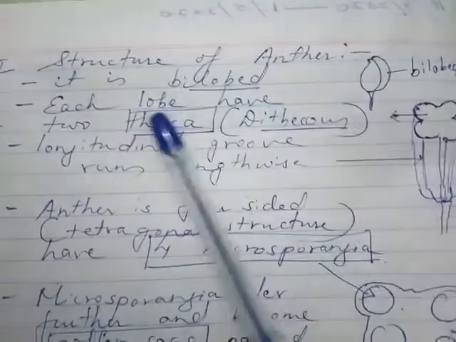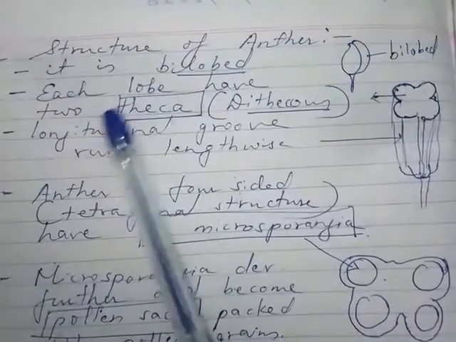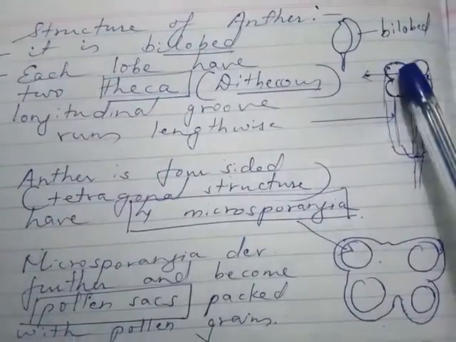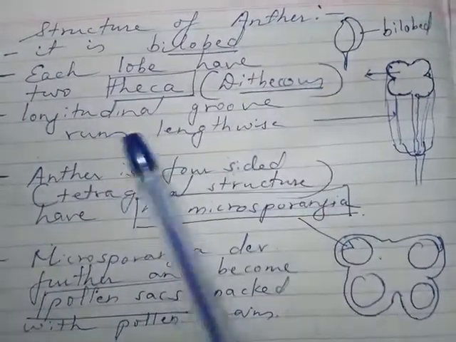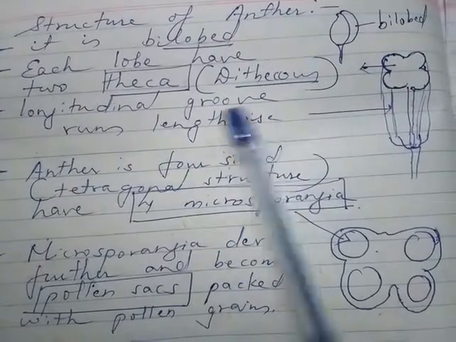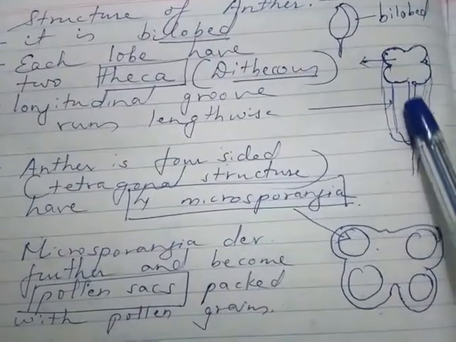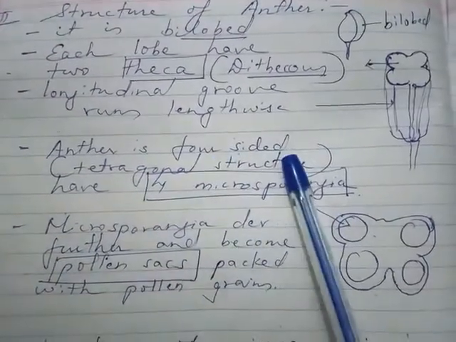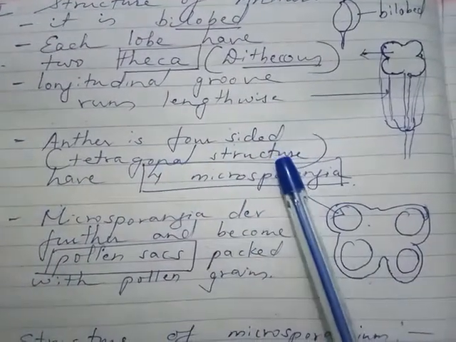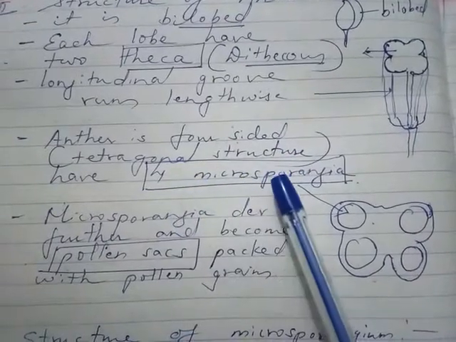Now the structure of the anther. It is a bilobed structure. Each lobe has two thecae. These are the two thecae that are present, so it is also called dithecous. The longitudinal groove runs lengthwise. The anther is a four-sided, tetragonal structure and has four microsporangia.